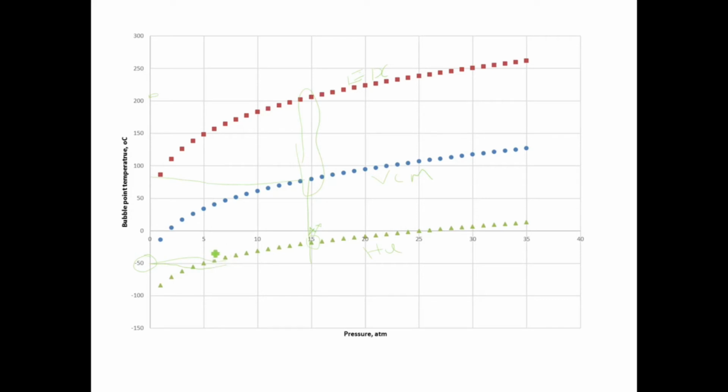Your vapor phase will contain only hydrochloric acid, and these remaining two components will be in the liquid phase. So this is one justification. Irrespective of the pressure, the bubble point temperature differs for all the individual fluid components.